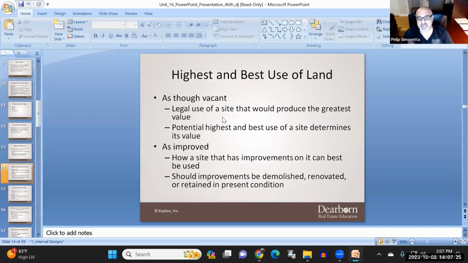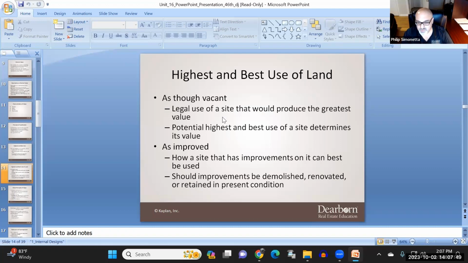As though vacant land, how does this concept work? The legal use of a site that would produce the greatest value, like I just explained, the gas station, industrial, right? The potential highest and best use of a site determines its value. As improved, how a site that has improvements on it can be best used.